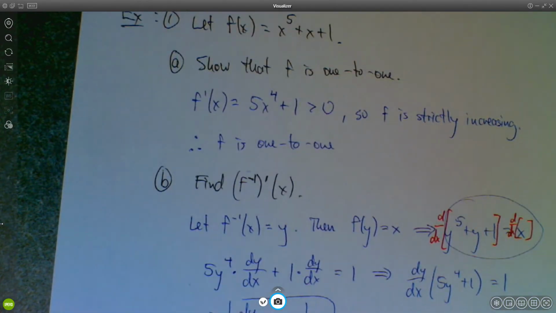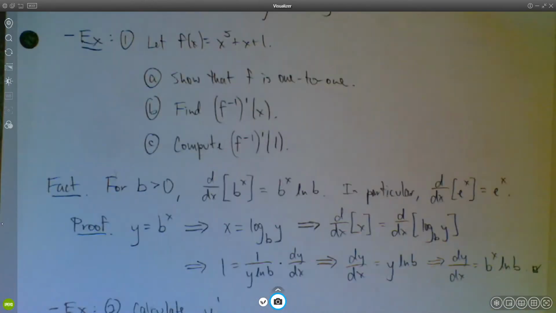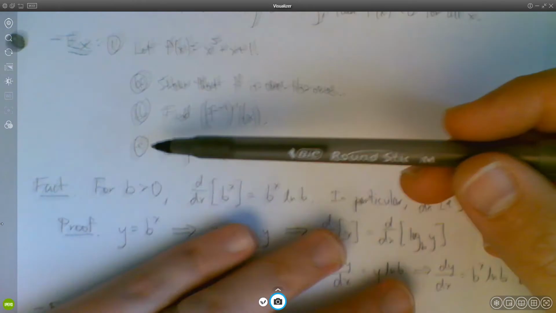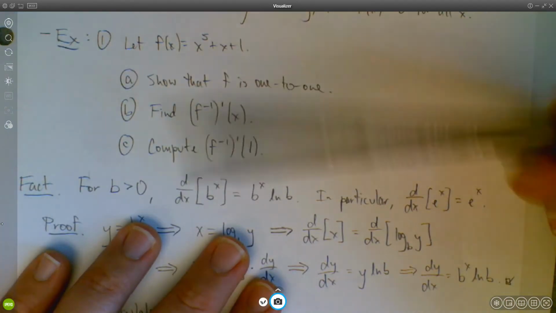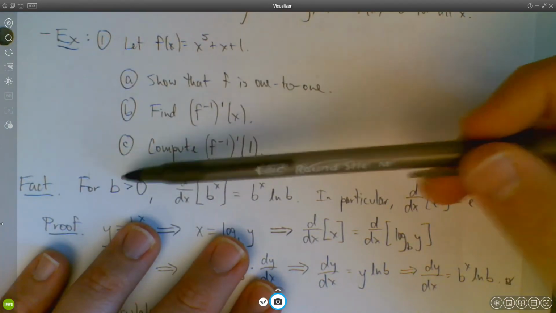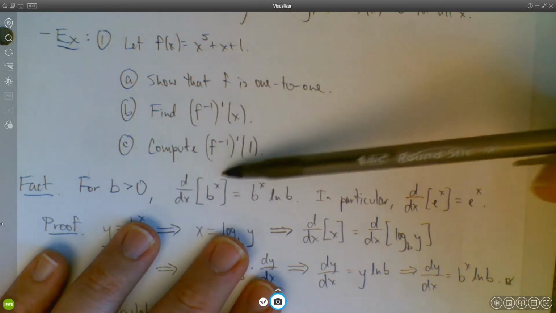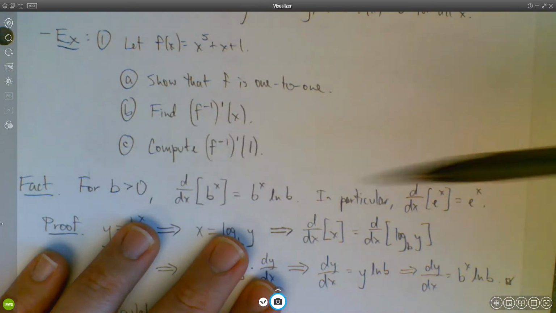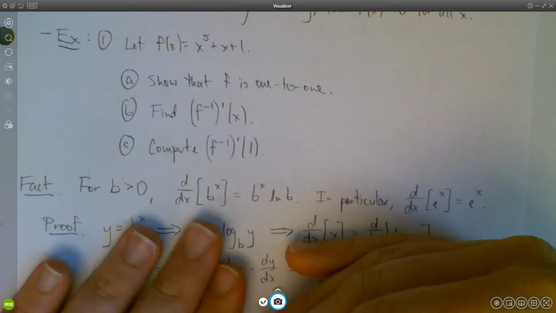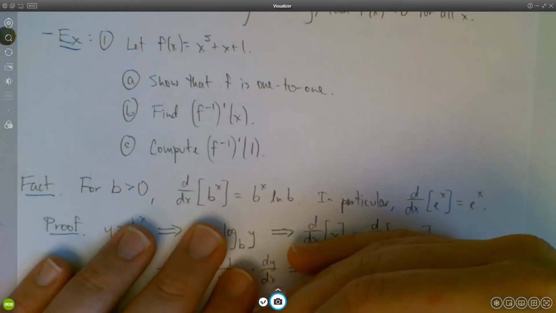But what I want to do now is take you through the derivative of exponential functions. Here we go, right? For b greater than 0, the derivative of b to the x is going to be b to the x times the natural log of b. Now, why do we require that b be greater than 0?